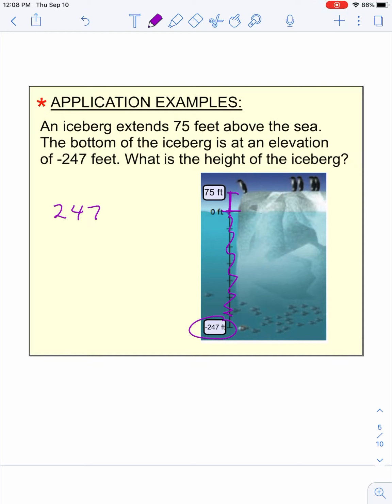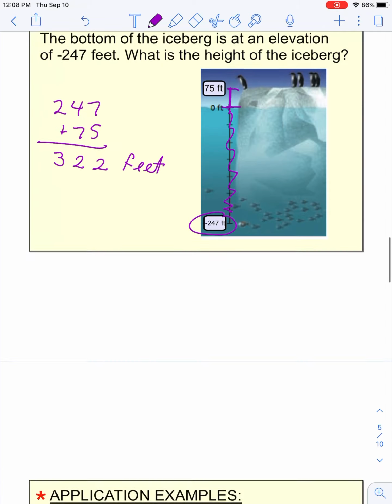So 247 feet below, and then we're adding 75 feet to it. That is the total height of the iceberg. So when we add these together, we get 322 feet is the height of the iceberg.